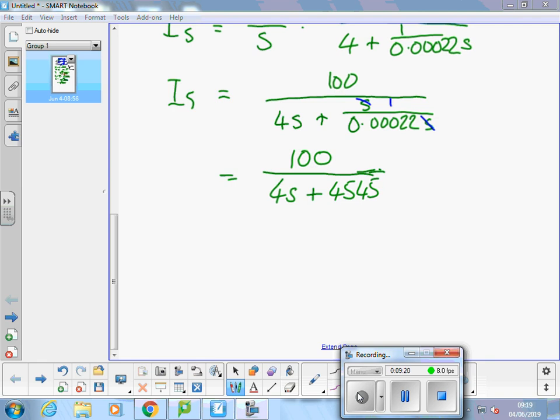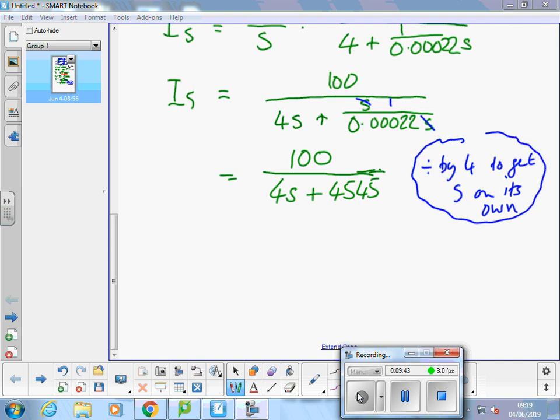So let's just make a note of that here. What do we do to get s on its own? We divide by 4. Yep. So we divide this by 4.